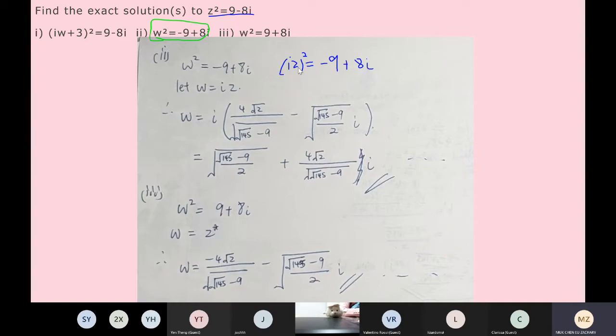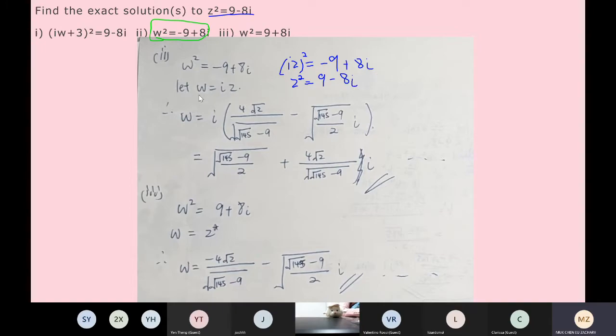So now we get iz squared. As I mentioned before, i squared is -1, our favorite number. So z squared will give you 9 minus 8i.